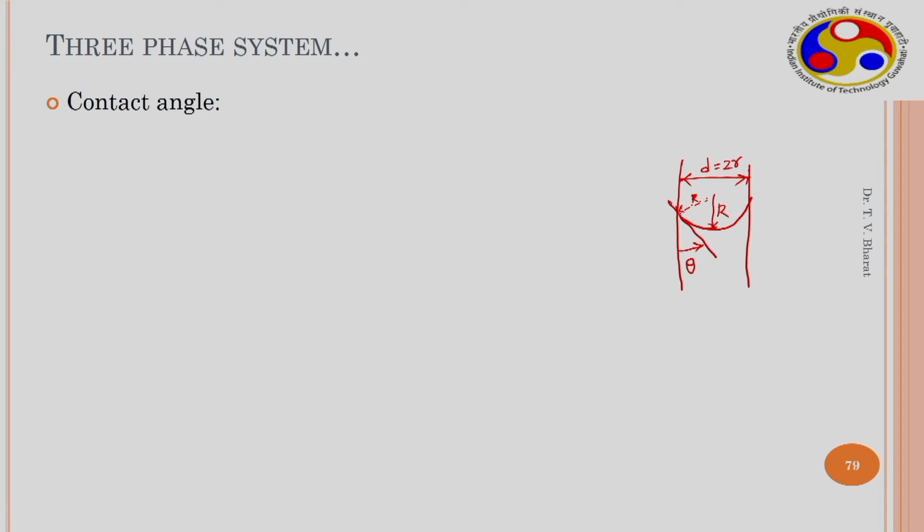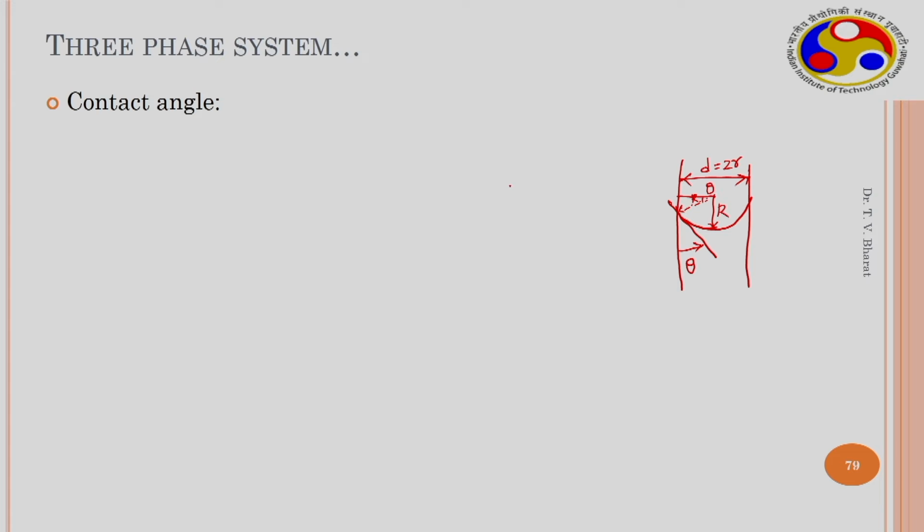Here this is a normal to this tangent. If I draw a radius, it is again perpendicular to the wall. So this angle again should be theta.